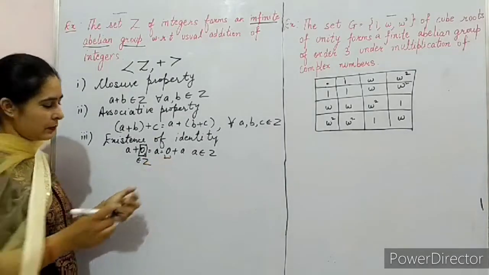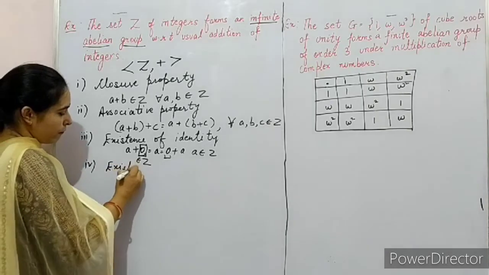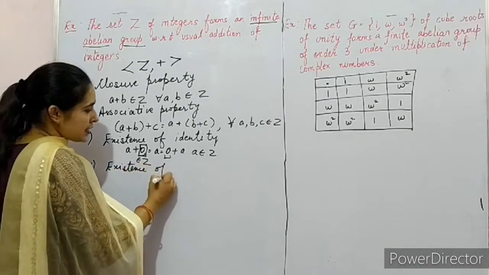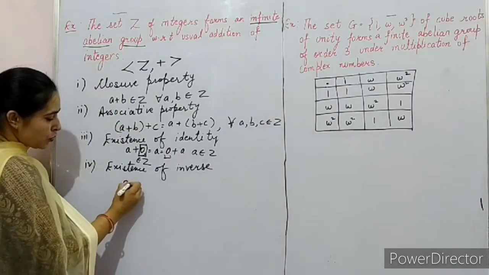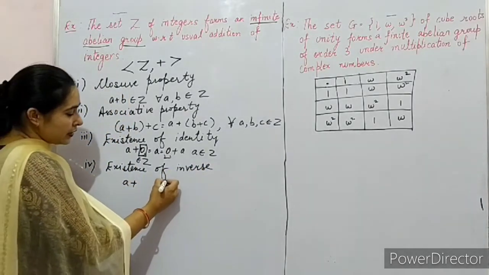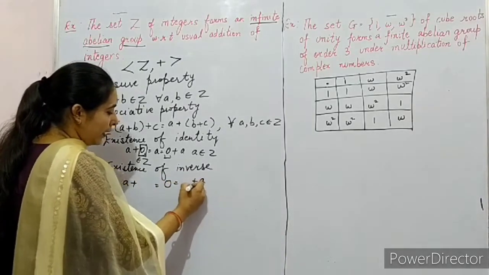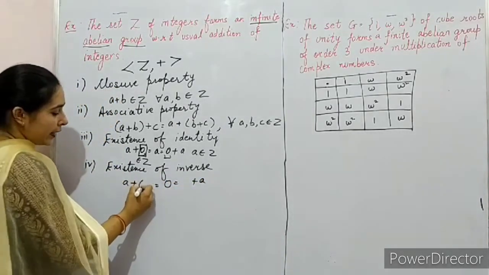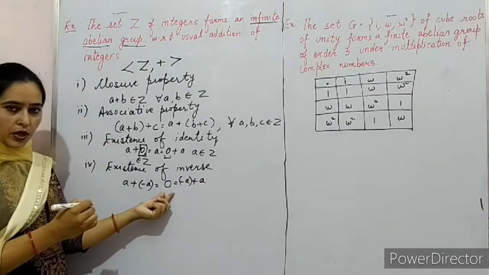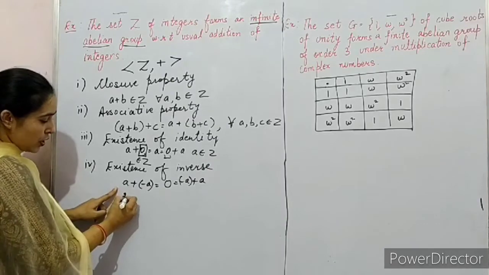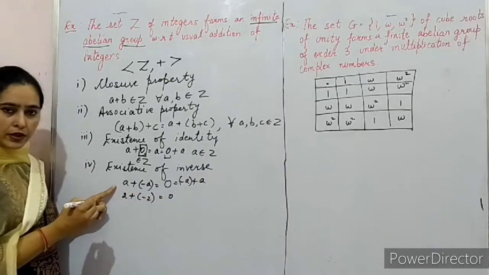Identity exists here. Now, fourth one is existence of inverse. Now what is the inverse? Inverse is that element that should be operated here to get the identity as answer. Now what we can add here? We can add negative of a here to get the answer 0. Suppose we have 2 here. So what we should add to get 0? We have to add minus 2.